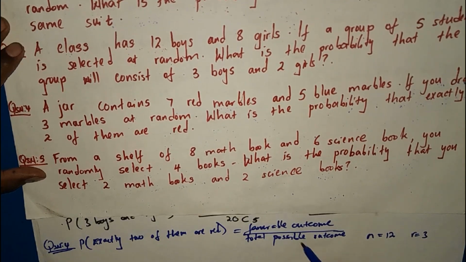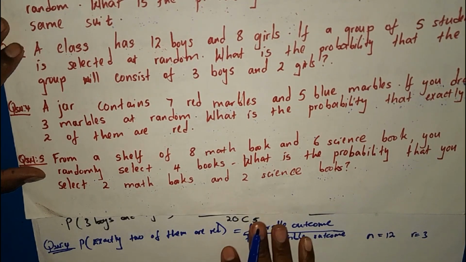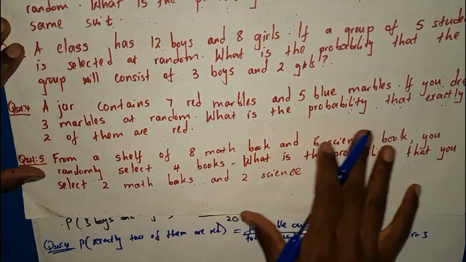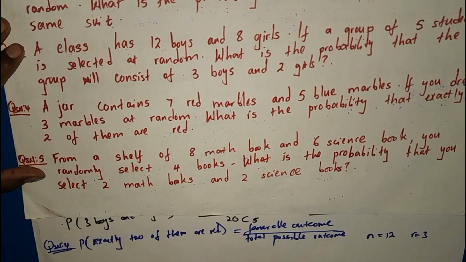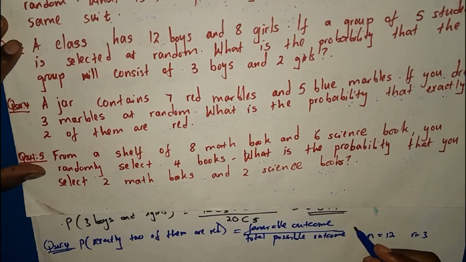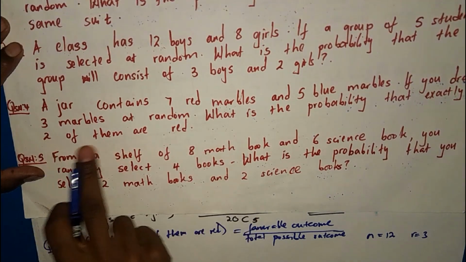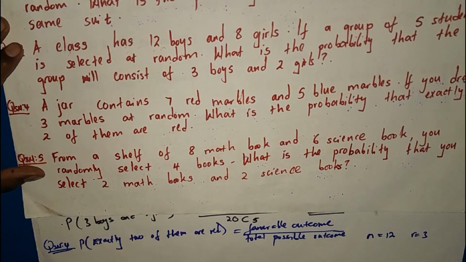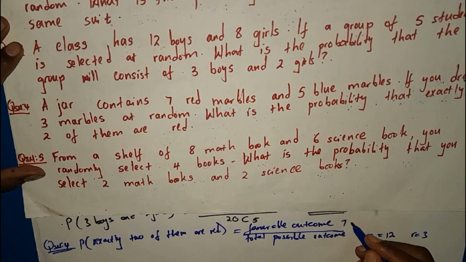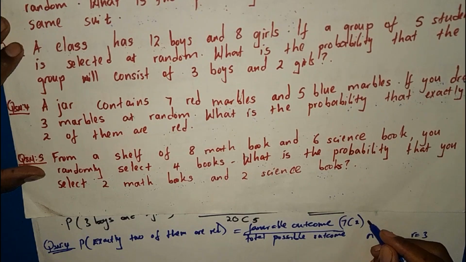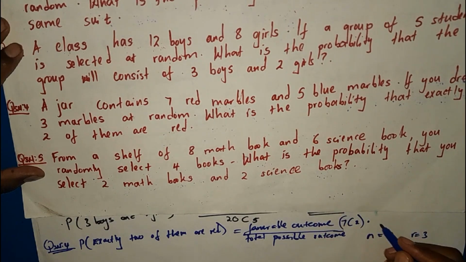And then for the favorable outcome, we are being asked for the probability that exactly 2 of them are red, meaning we are selecting 2 from the 7 red. So we say 7 choose 2 of red, and then the remaining one is of blue, multiplied by 5 choose 1, since we choose 1 from the 5 blues.